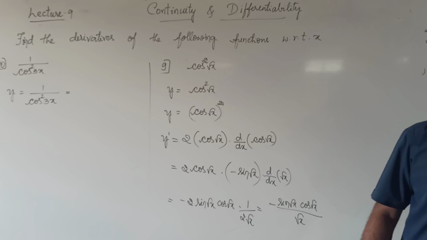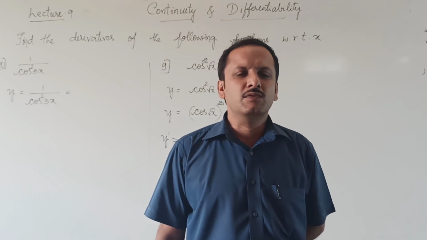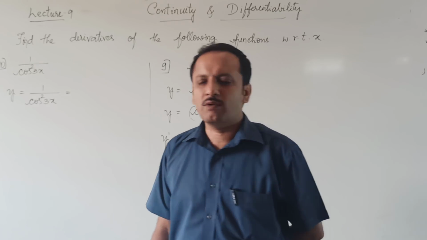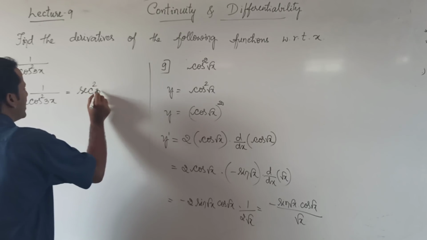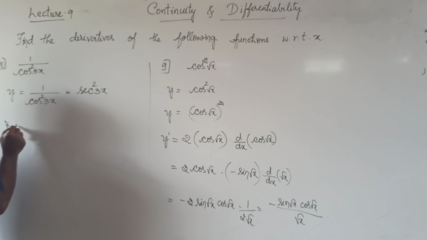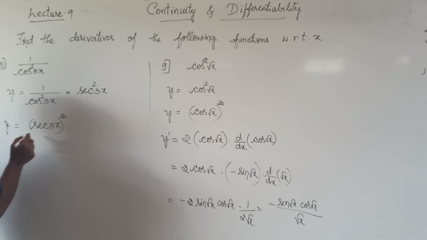As we know, cos theta is the reciprocal of secant theta. 1 by cos theta is equal to secant theta. So 1 by cos square 3x is equal to secant square 3x. So I'll write secant square 3x as secant 3x whole square.